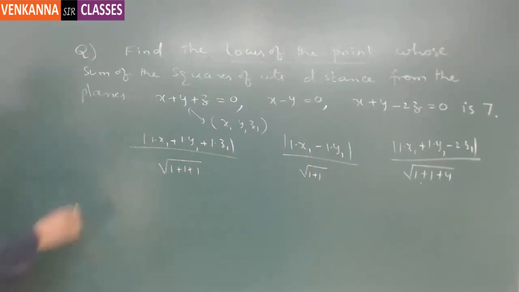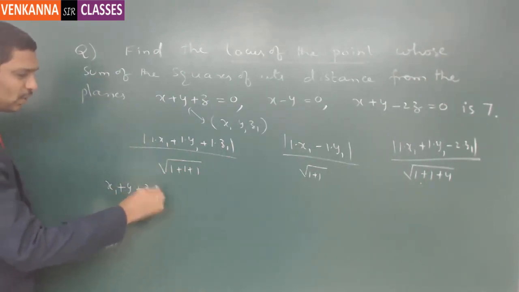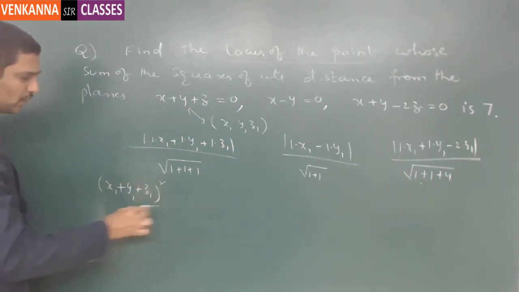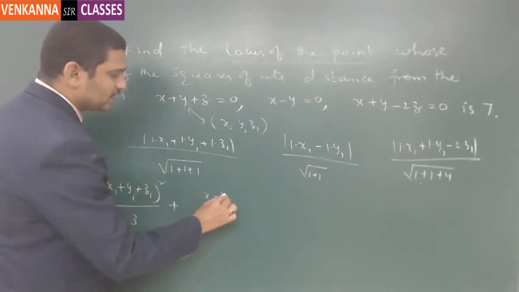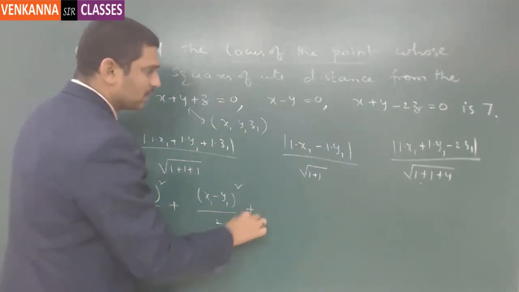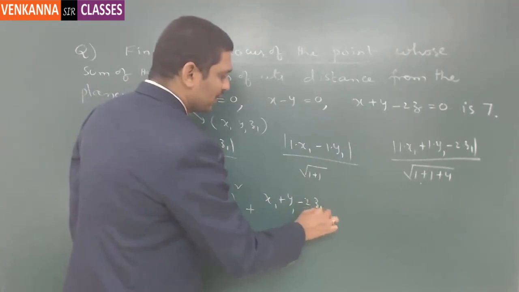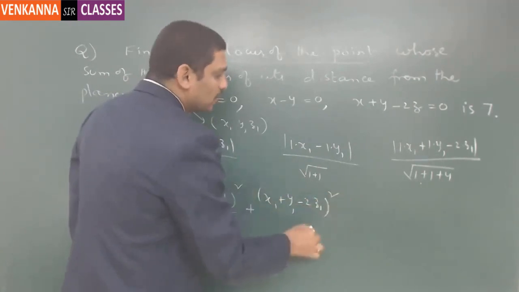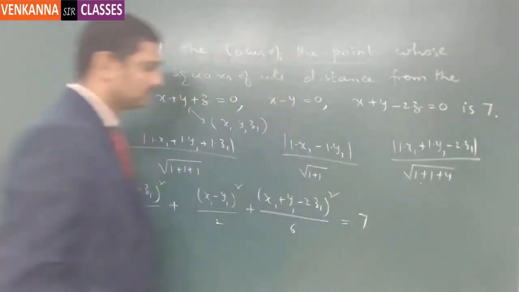So if you apply that, x1 plus y1 plus z1 whole square by 3, plus x1 minus y1 whole square by 2, plus x1 plus y1 minus 2z1 whole square by 6, is equal to 7.